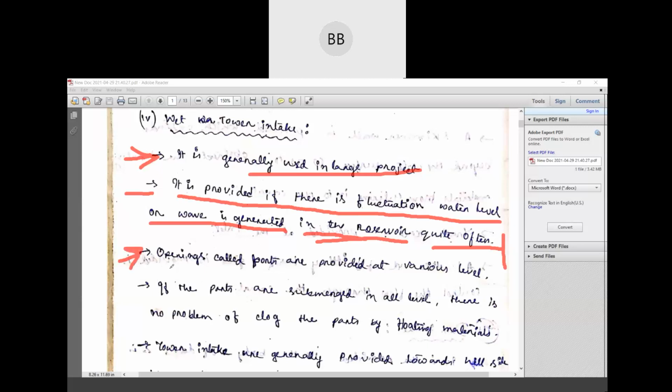Third point, you write: openings called ports are provided at various levels.